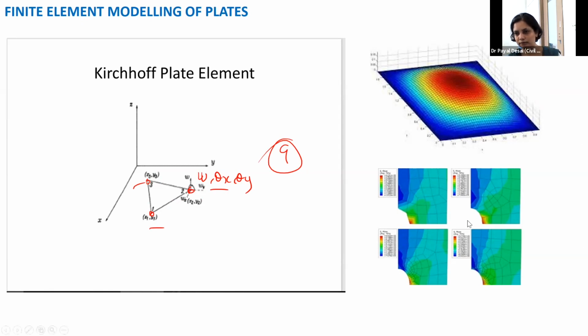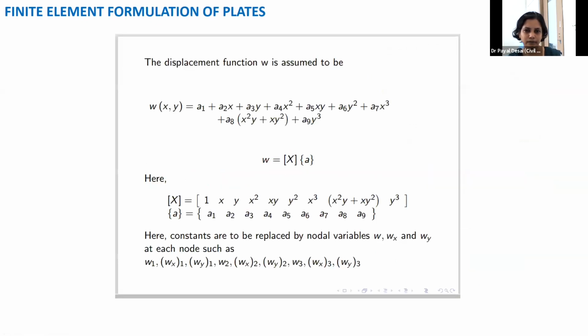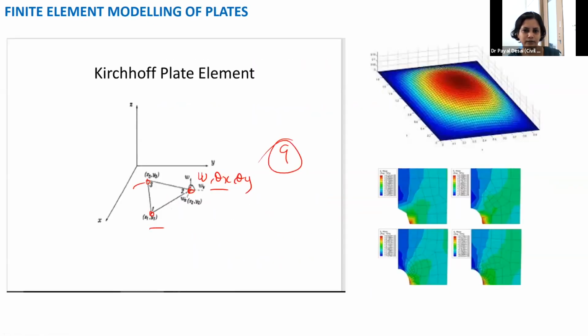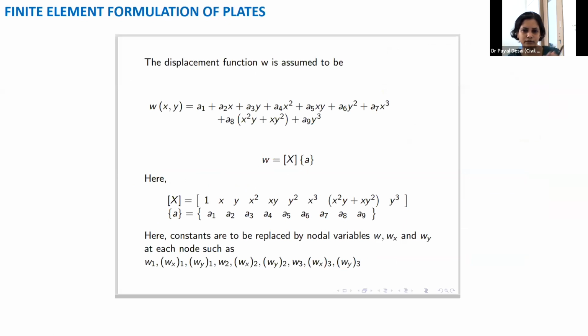And then this kind of software result you may see from the finite element method. This is a polynomial function of 9 terms, because there are 9 displacement degrees, and then you may formulate the coefficients, and derive the shape functions. This is your displacement function, this is your shape function.